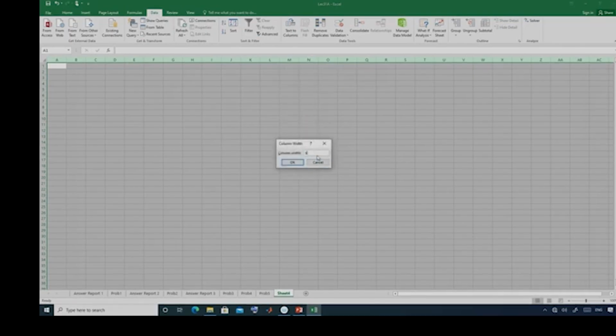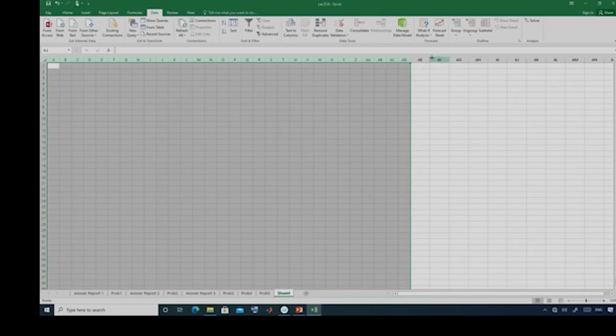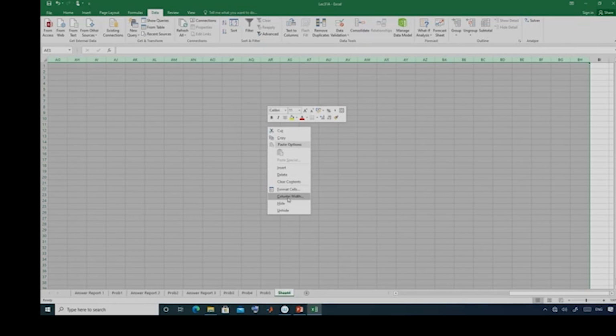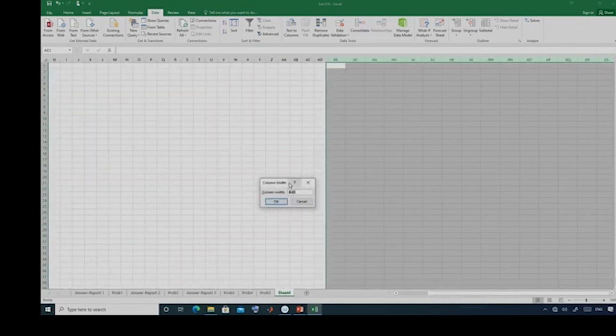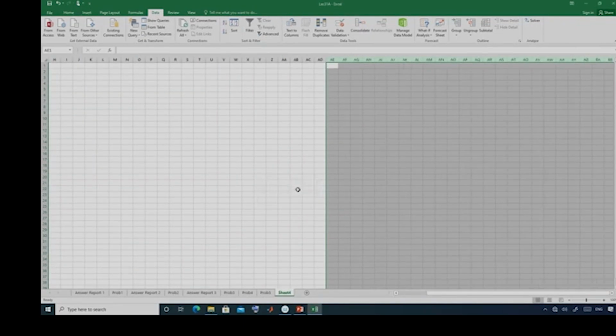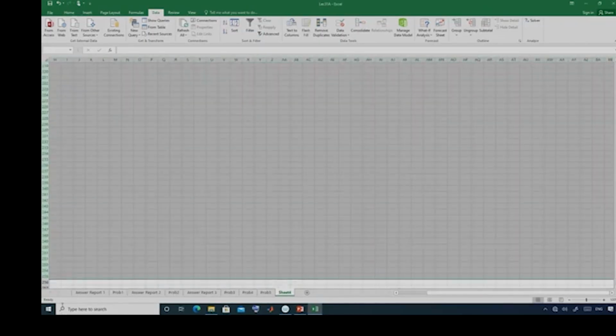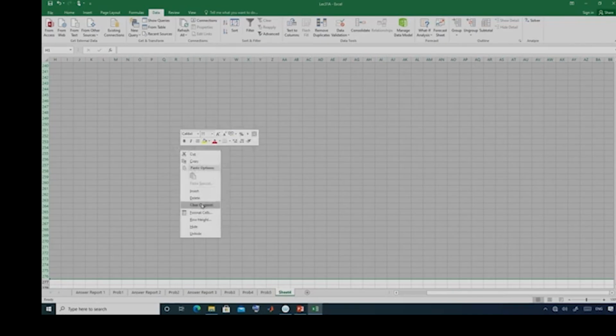Let me make it square. And this also I make square.